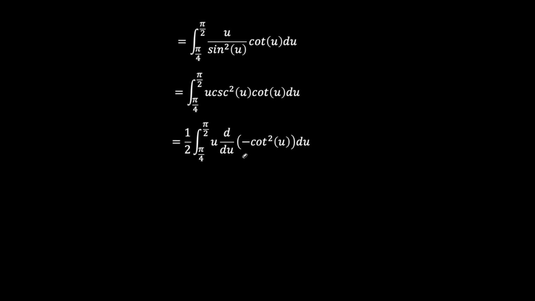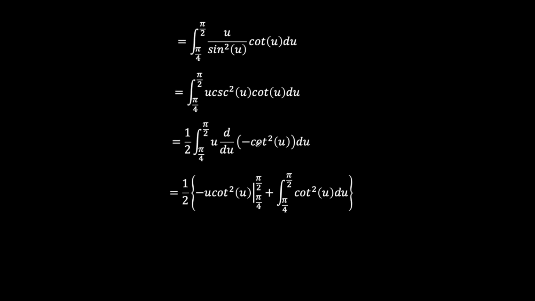So what we can do now is integrate by parts. If we have a product of u and dv, and we consider dv as the derivative of negative cotangent squared of u, and this is our u, therefore the integral is going to be the product of u and v with the appropriate limits, minus the integral of v du.